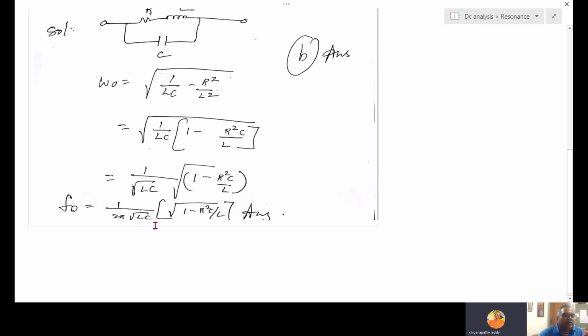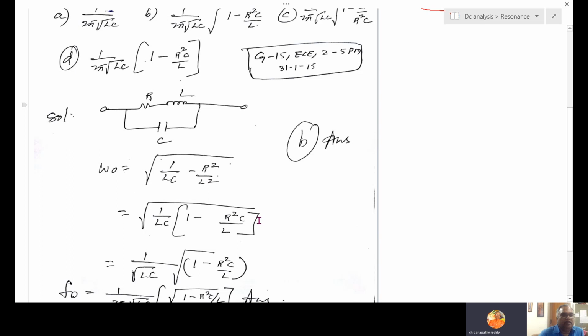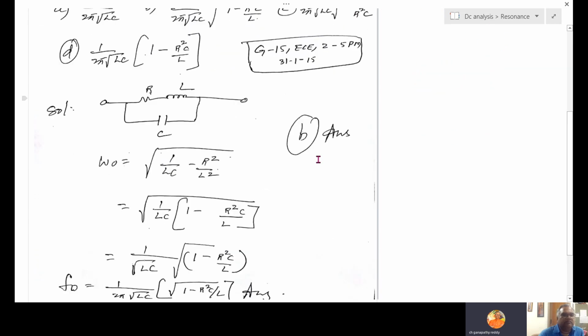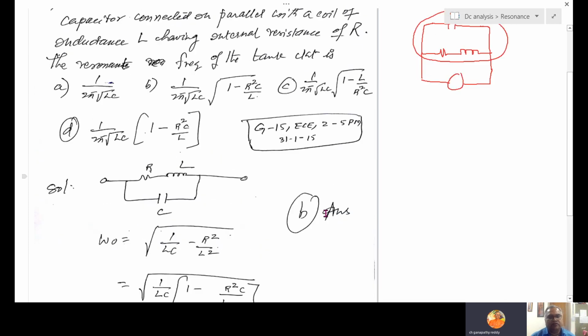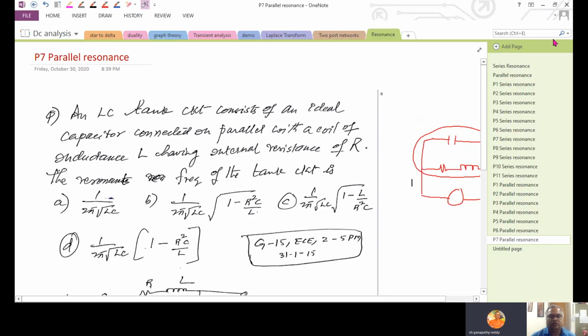So omega naught is 1 by root LC, root of 1 minus R square C by L. So the answer is B. Same known formula given in a different style. So these are the problems in parallel resonance.